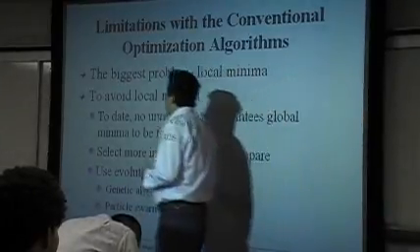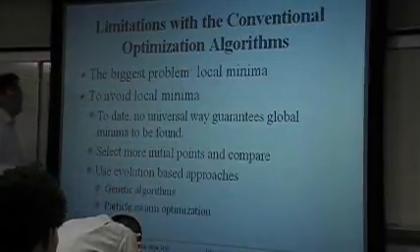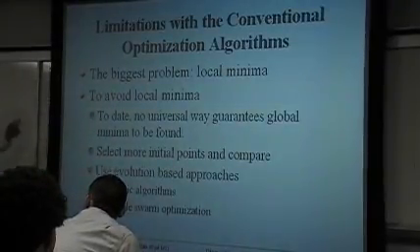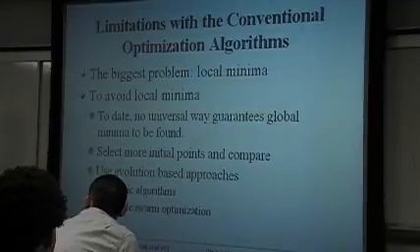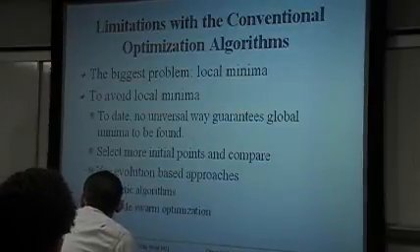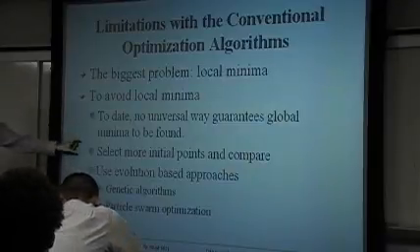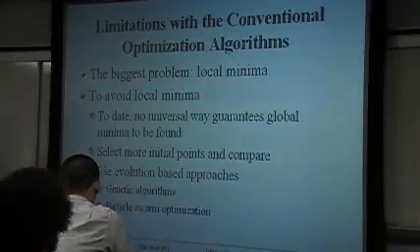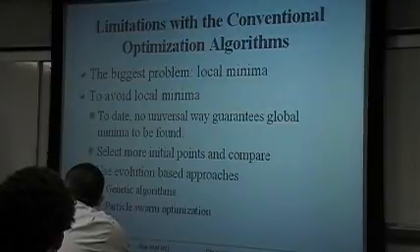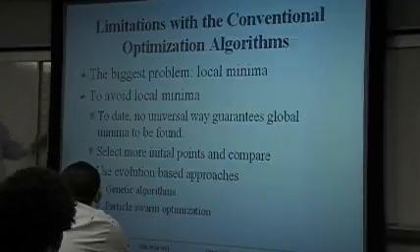It should be said that today there isn't any universal way to solve this kind of problem. There isn't a method which is said to guarantee a global minimum. So there isn't any method. So what we need to do is one is to select a few initial points and perform optimization and see which one gives the smallest objective function.